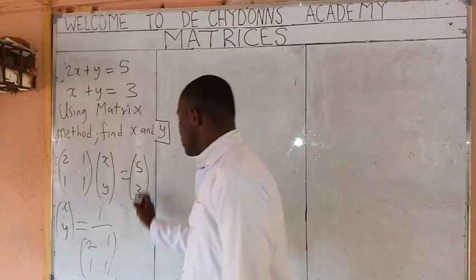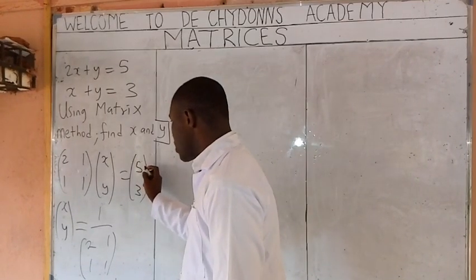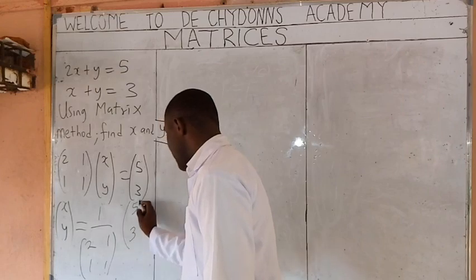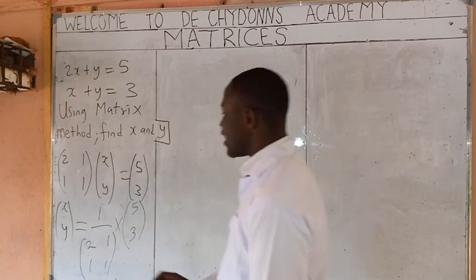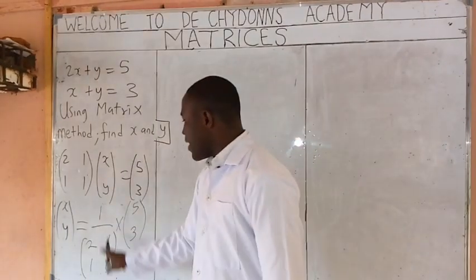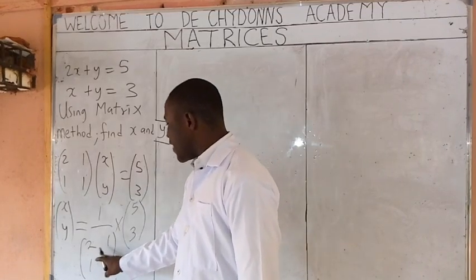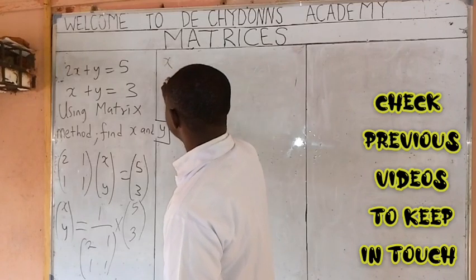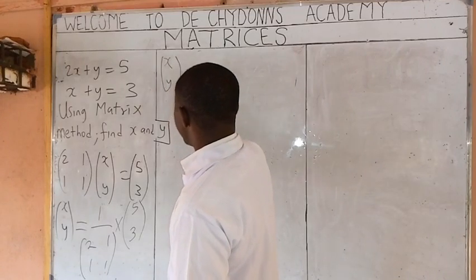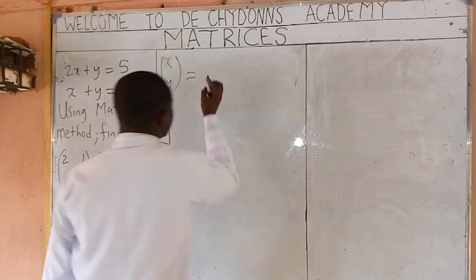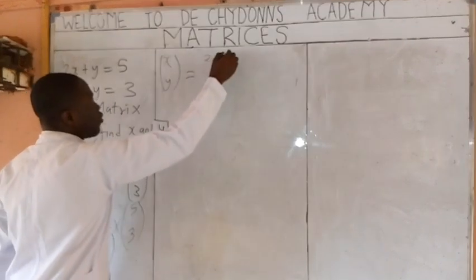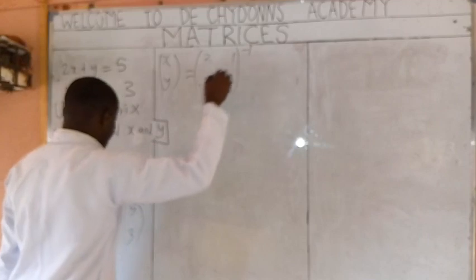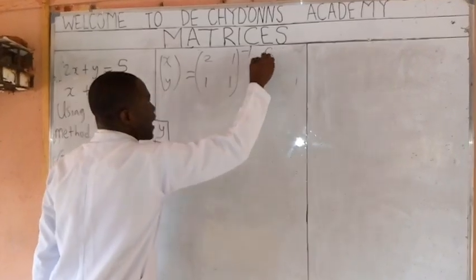Then we already have this on the other side, 5 and 3, so times 5 and 3. Now, remember that 1 over anything means the inverse of that thing. So this will automatically be x, y equals to the inverse of 2, 1, 1, 1 times 5, 3.